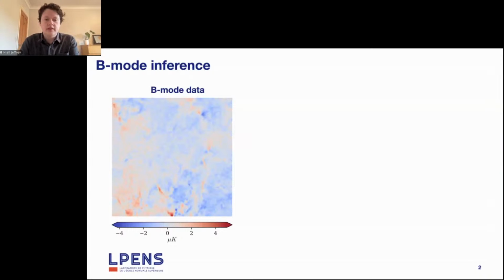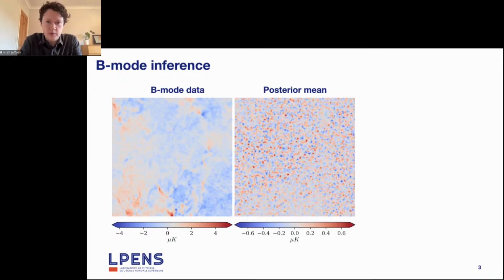So this is the setup. This is the kind of final plot. And then I'll go through and explain what the different steps were that got us to this point. So this is, for example, a patch of data, in particular B-mode polarization data, as it would be observed. This is simulated.